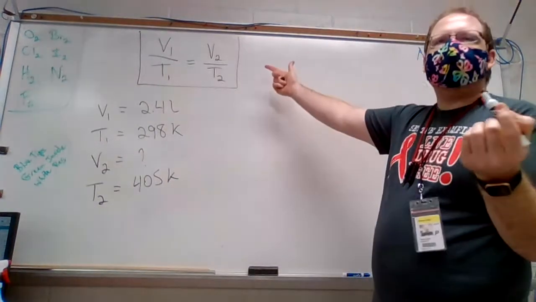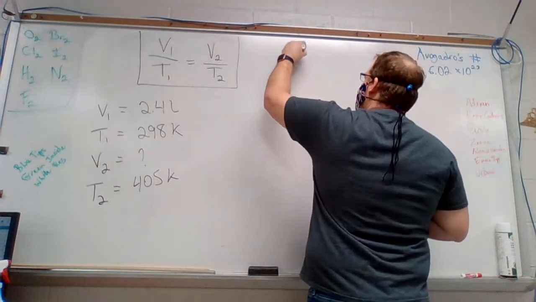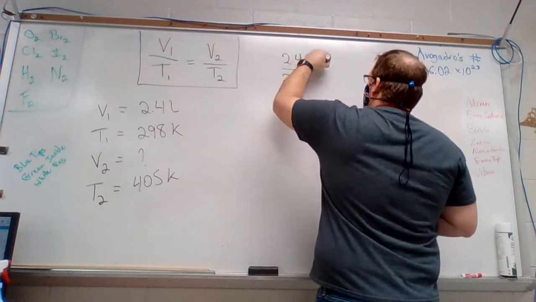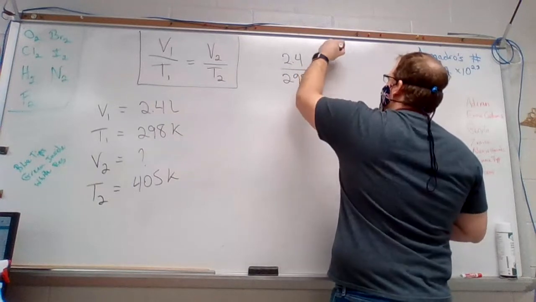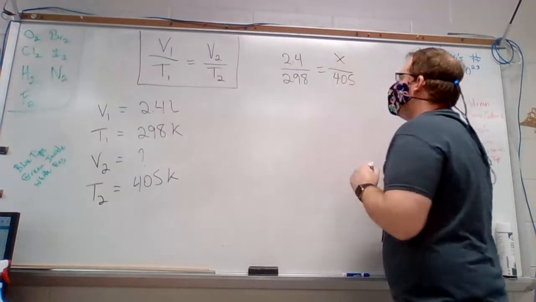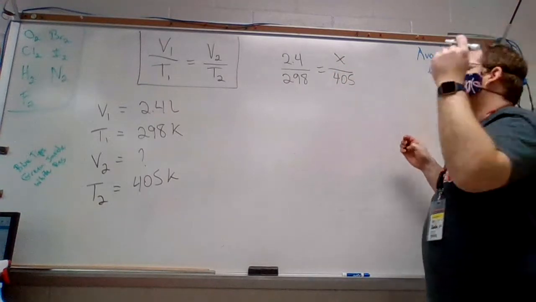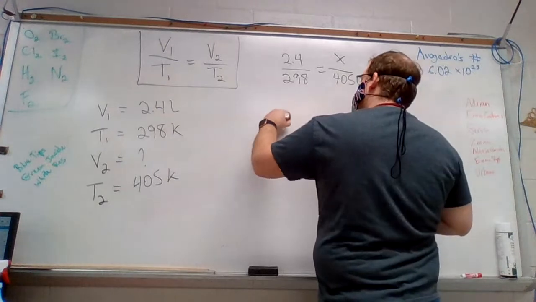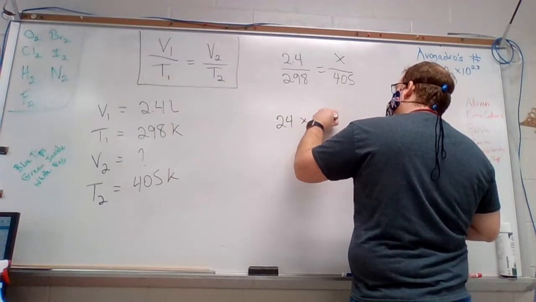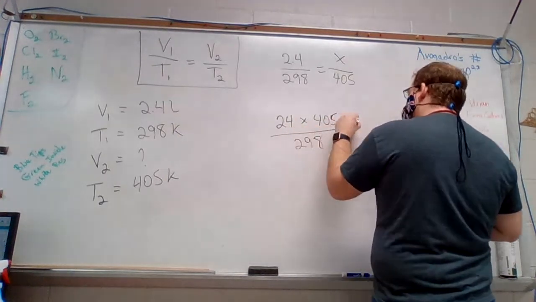So I just plug these into the formula and solve for the one thing I don't have. So I have 2.4 over 298 is equal to X over 405. And I'm trying to solve for X. I do some cross multiplying, but what I'm going to end up doing is getting 2.4 times 405 divided by 298.